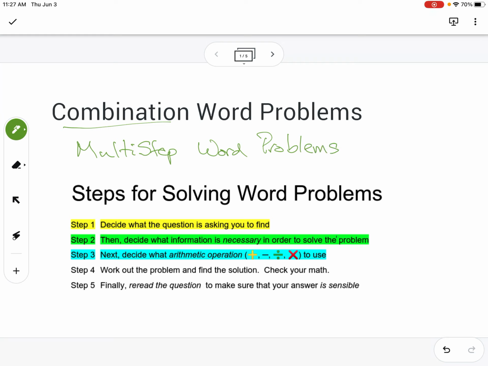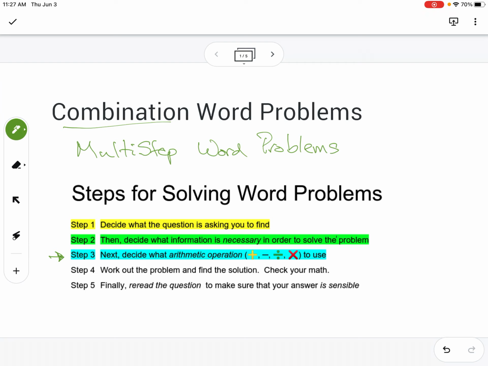Up till now, most of the word problems that we've worked on through the units at ESU have been word problems that have had one step. Really, when we say one step, I know that we're meaning down here in step 3 that there is one operation. That's what we mean by a single step problem.